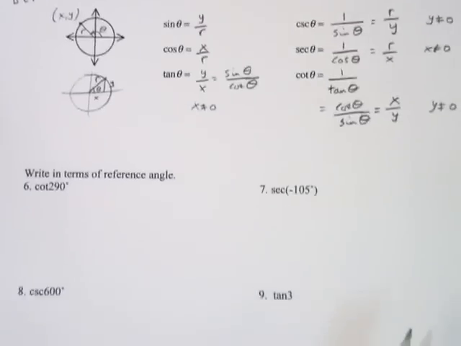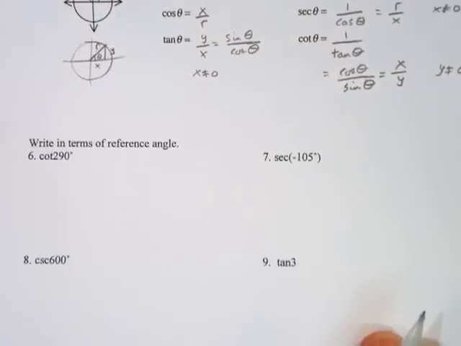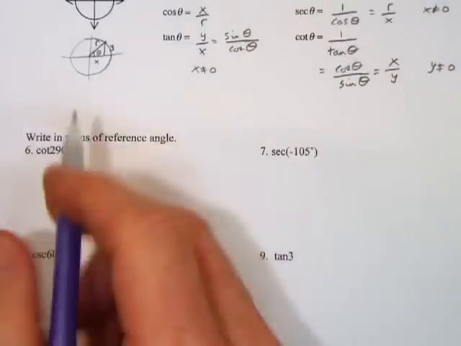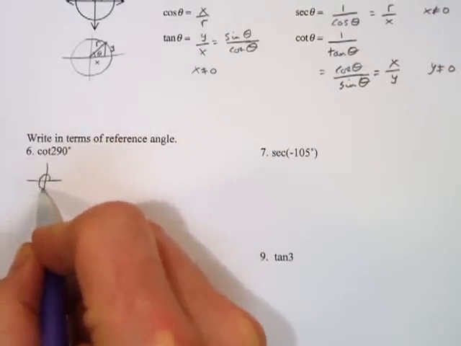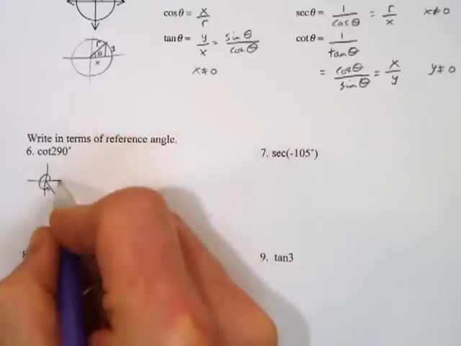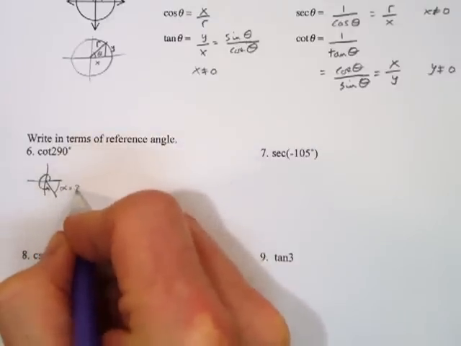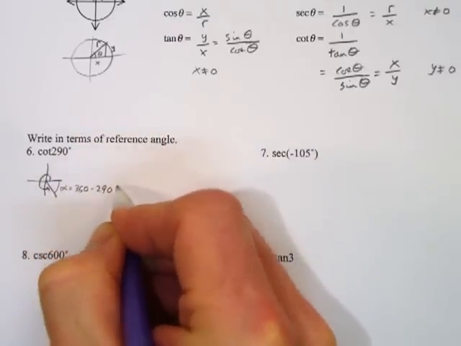And at this point, we're going to just apply these same ideas that we know to these new trig functions. 290 degrees. We're going to go around. We go past 270. We find our reference angle, 360 minus 290, and that gives us 70 degrees.